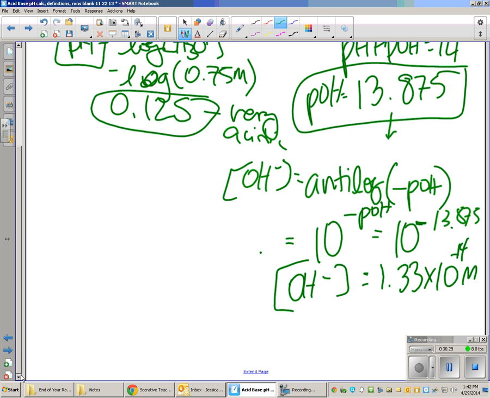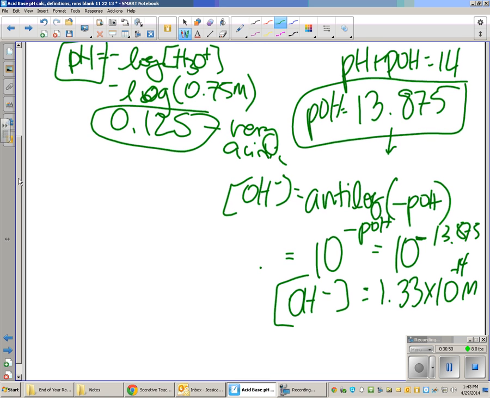That means, is there a lot of it? Is there a lot of OH here? Nah, there's like nothing. There's pretty much actually no OH present. Does that make sense for this strong acid to have no OH present? Yeah, a strong acid has no OH present pretty much at all, but it should have a lot of H pluses, and it did. They had a lot of H pluses at the beginning of this one.